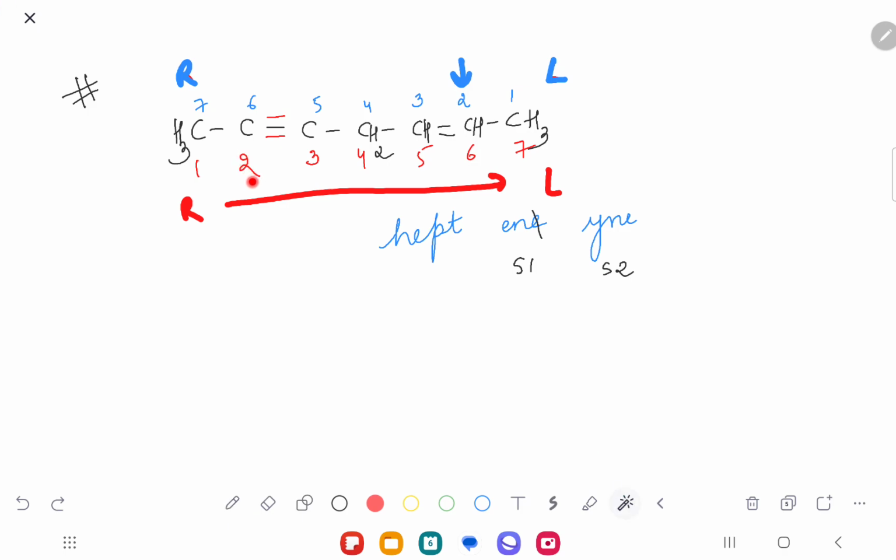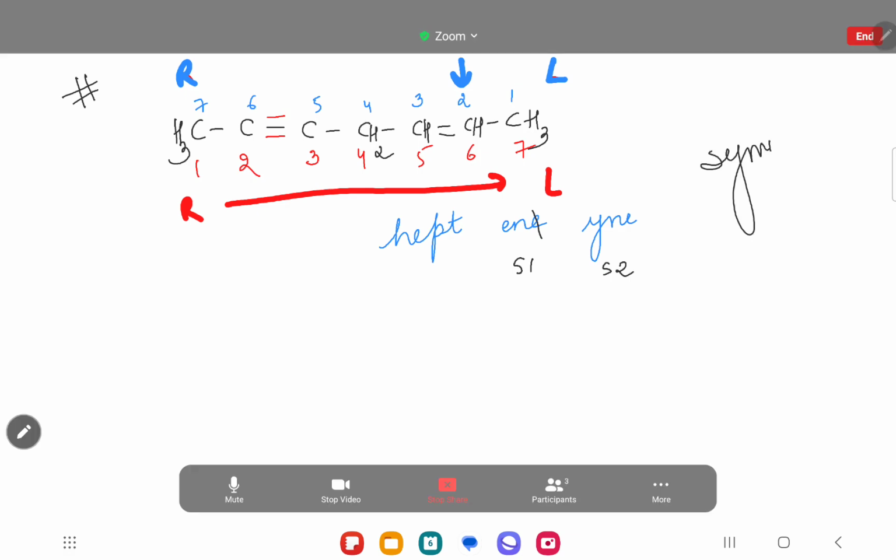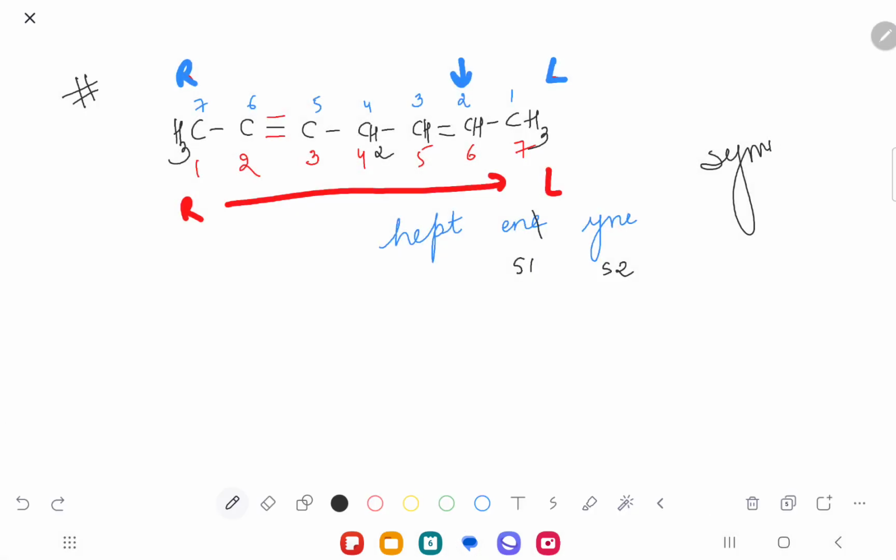Just have a look. Yes or no? That means what? That it is a symmetrical structure. This is called a symmetrical structure. Are you understanding?